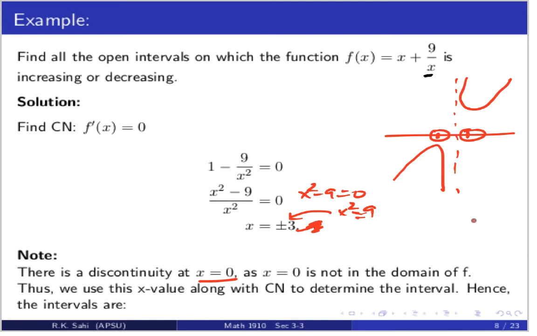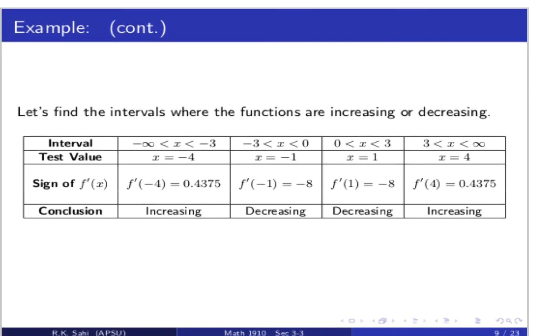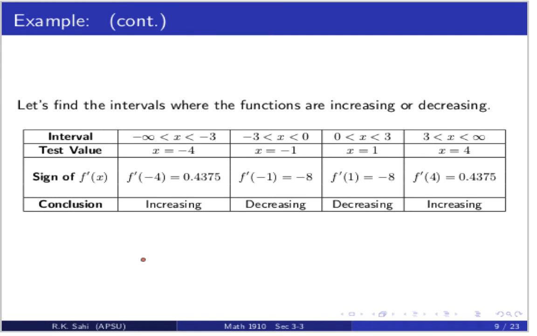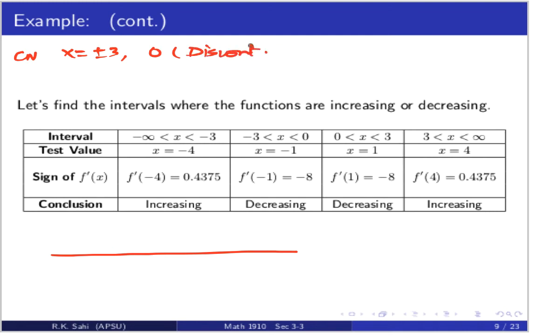Okay, so as I said, when I do these problems, I always create my little picture. So I'm going to make the little graph, and then we can do this too. So here's my graph, guys. We know the critical numbers are x equals plus minus 3, and 0 is a discontinuous point. So I'm going to write minus 3 and positive 3. Now remember, these are critical numbers, so I'm using some little geometrical objects to remind me that this is a critical number.